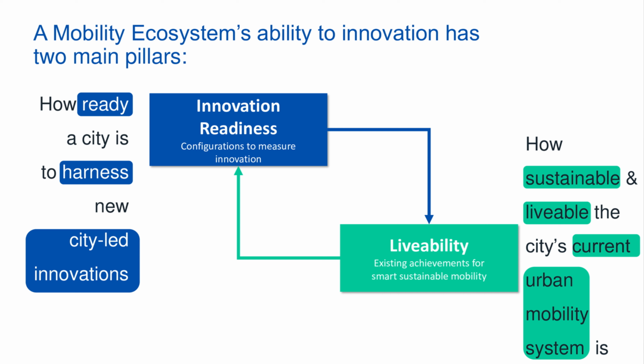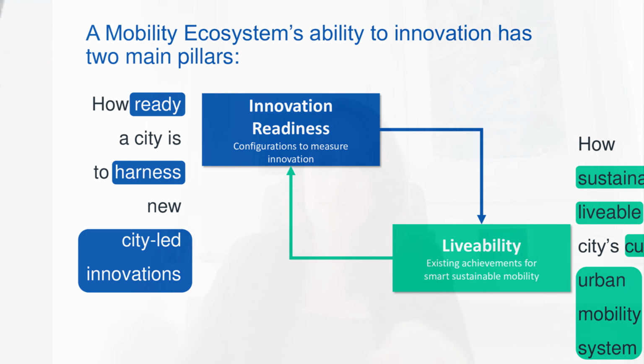The second aspect reflects the current performance of the urban mobility ecosystem. An innovative mobility system presupposes high levels of sustainability and livability. So a city planner shall identify and measure the current levels of livability and further identify where and what type of additional policy action might be needed.